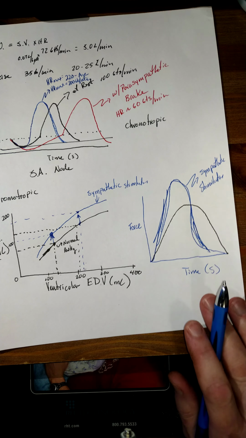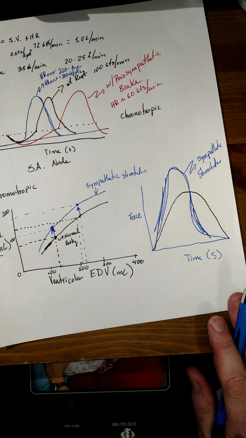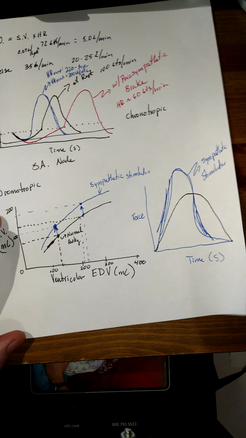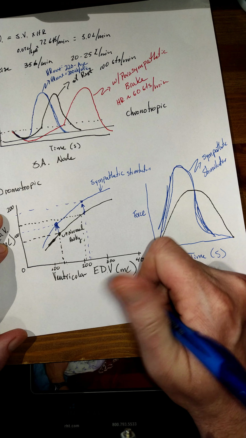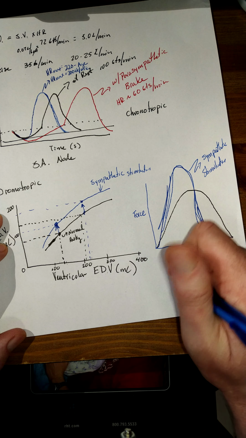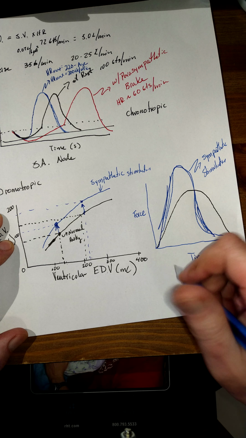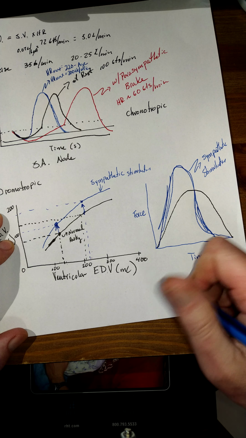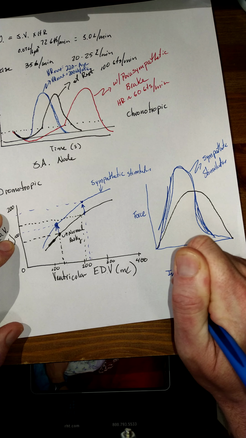One last thing to think about, these are all inotropic effects. So anything that increases contraction at a given end diastolic volume is said to have inotropic effects.